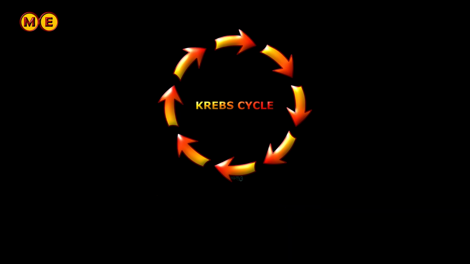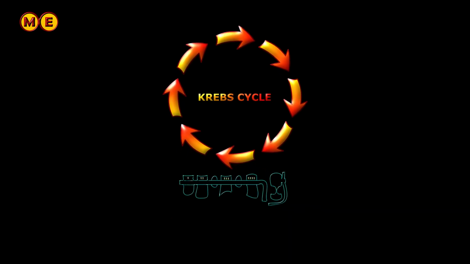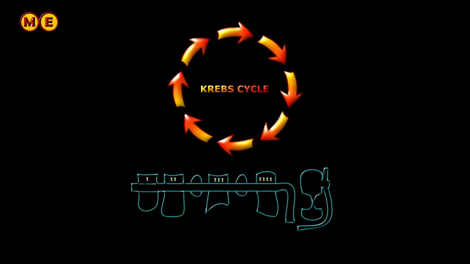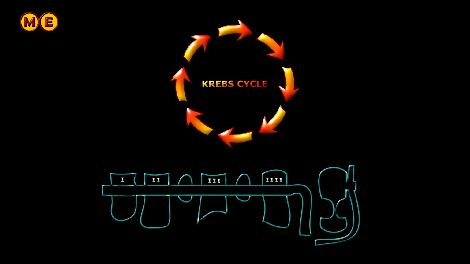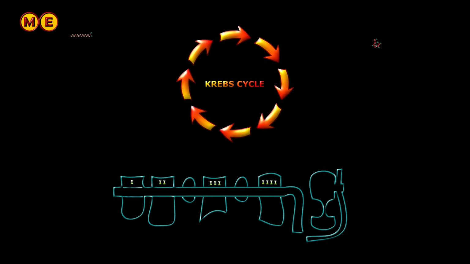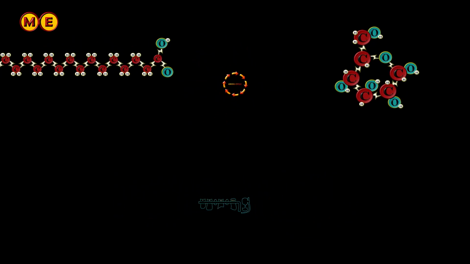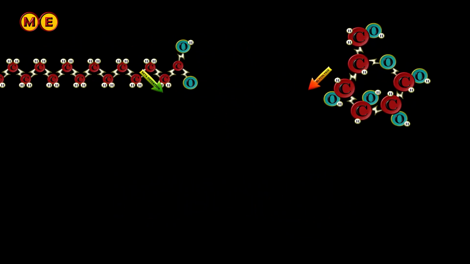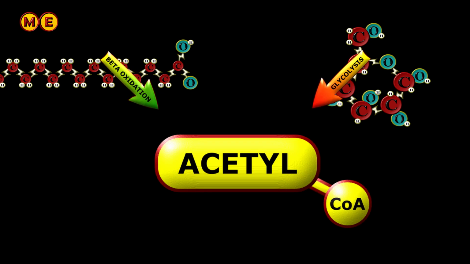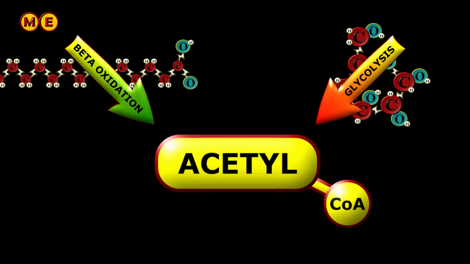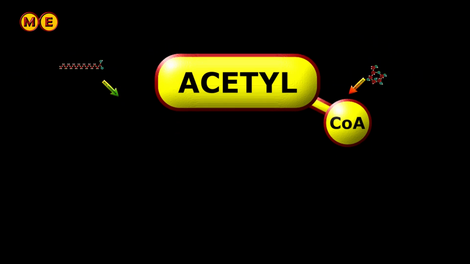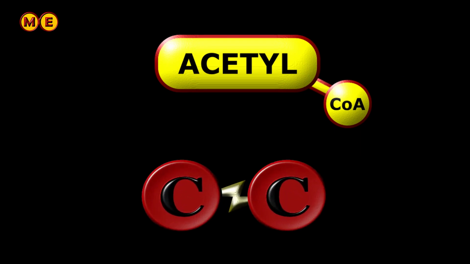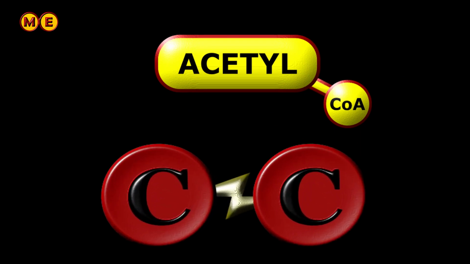All nutrients can go through the Krebs cycle and through the electron transport chain. And this is possible because all nutrients go through different processes that turn them into one common mini-nutrient, called acetyl-coenzyme A, or for short acetyl-CoA. Generally speaking, acetyl-CoA is a group of two carbon atoms that have energy locked between them.